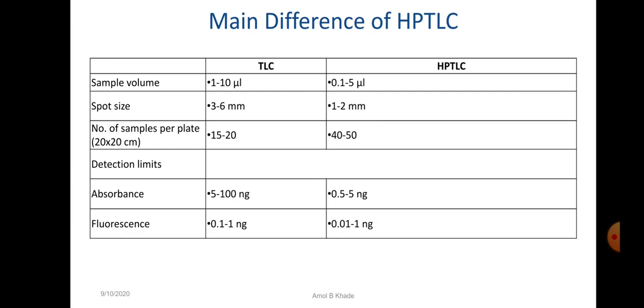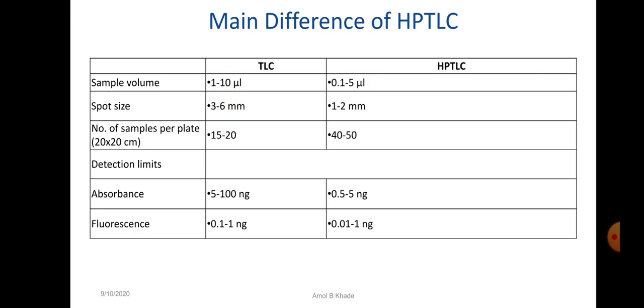Because of the smaller amount of sample and smaller spot dimension, a plate of size 20 by 20 centimeter can accommodate 40 to 50 sample spots in HPTLC, whereas the same plate can accommodate only 15 to 20 spots in TLC. That is due to the dimension and volume of the spot.